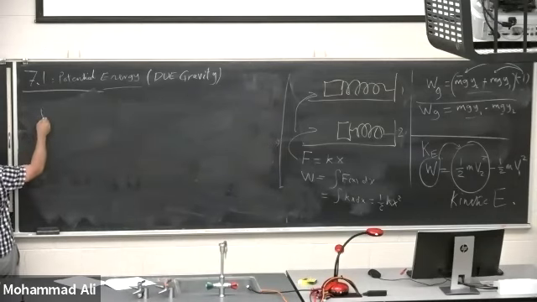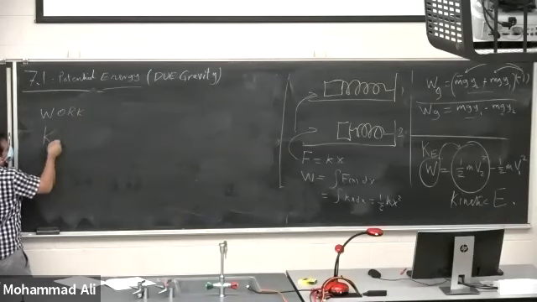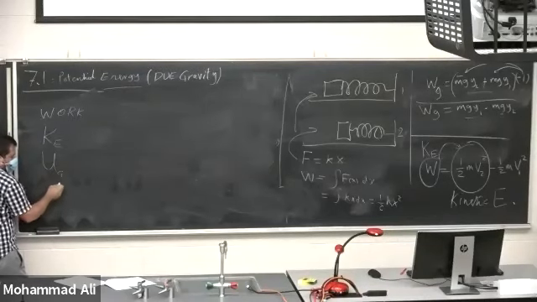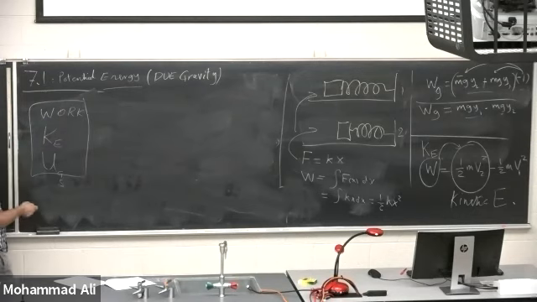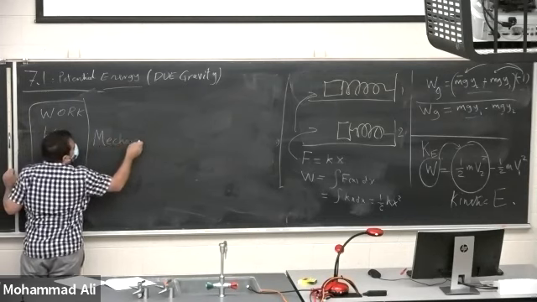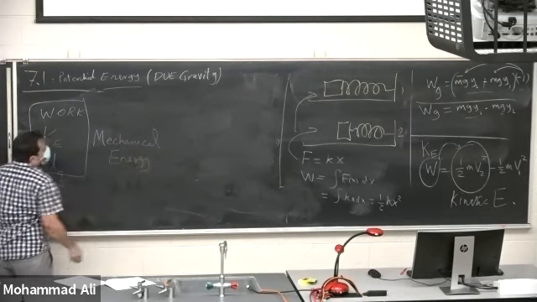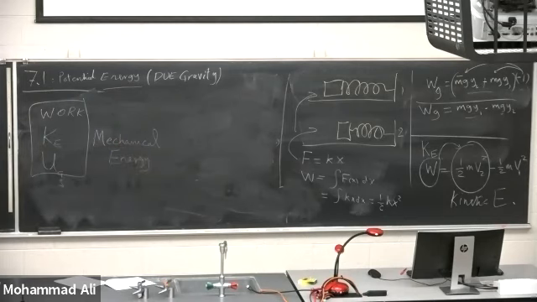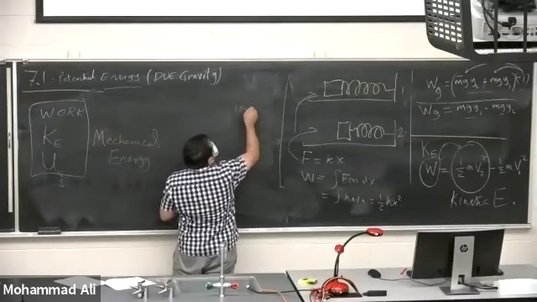As we said, we have the work, we have the kinetic energy, we have the potential energy. Maybe it's due to gravity, maybe it's due to a spring, or something like that. All of them are in the mechanics course, so we can call them mechanical energy. For our system, in any example, we have total mechanical energy. In our example here, I suppose that this energy is equal to 100 joules.